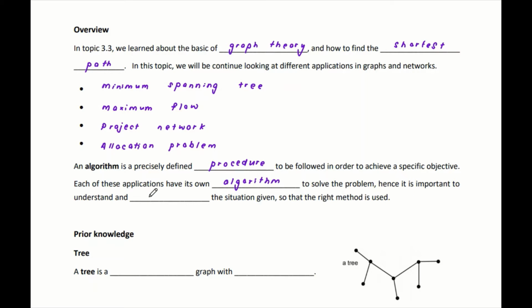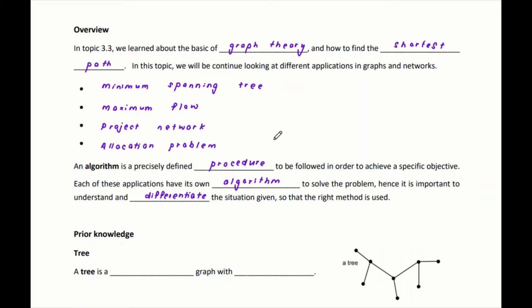When you have all these different questions in your exam, you'll be able to differentiate the situation given, because the question wouldn't tell you which method you should use. It's the same as when you learn AP and GP: you need to differentiate them by looking at their characteristics. You need to understand the different problems you are solving for each application, so that in the exam you can solve it using the right algorithm.